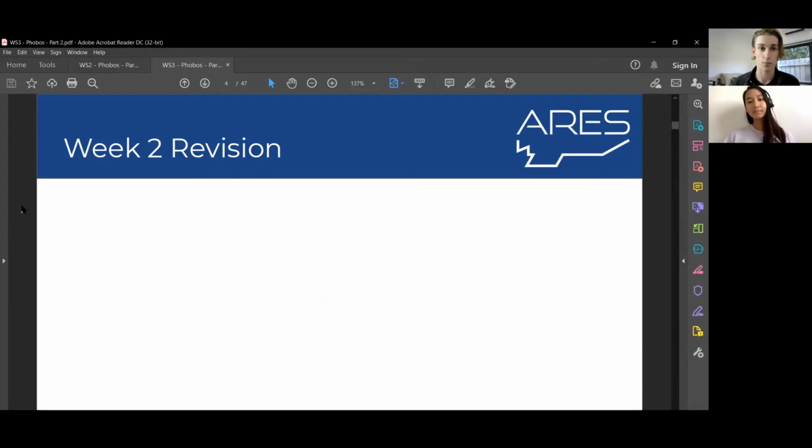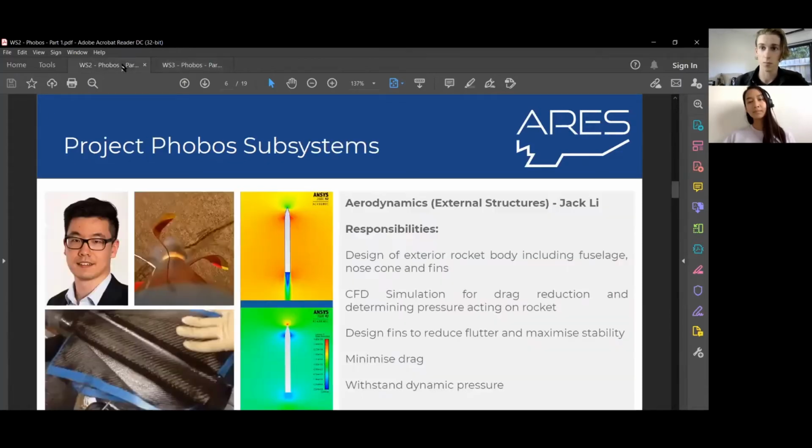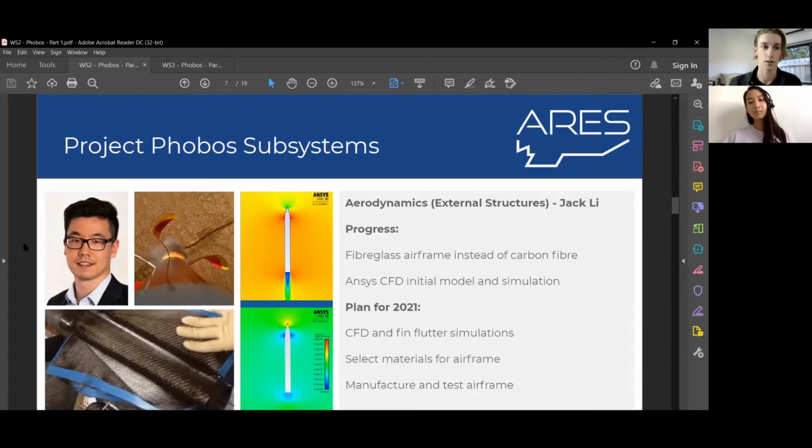In terms of week 2 revision, very briefly, we will cover the 4 subsystems on the rocket. For those of you who were here last week, we've got aerodynamics, in other words external structures, which is essentially the airframe of the rocket.